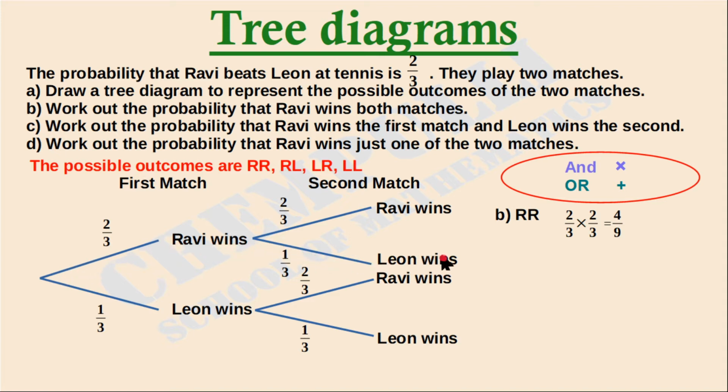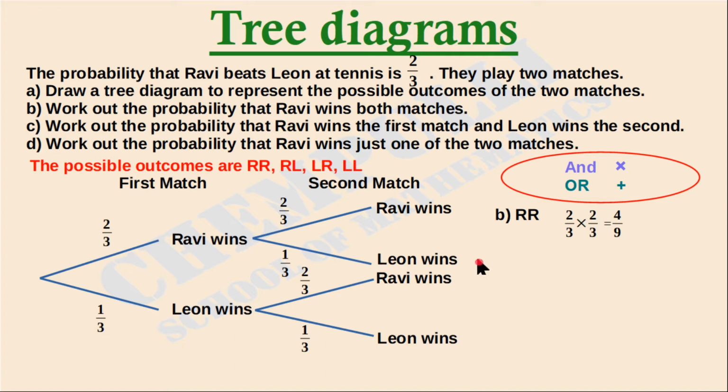We can't go through the other way, because in that case Leon wins the first match. In our problem, Ravi wins the first match and Leon wins the second match. What is the operation here? AND case, so use multiplication, because Ravi wins the first match and Leon wins the second match.